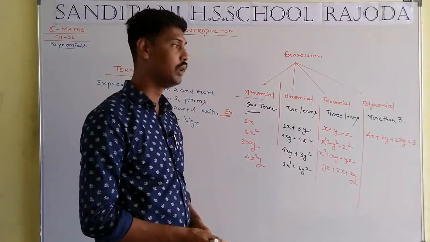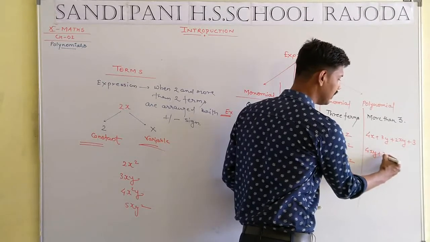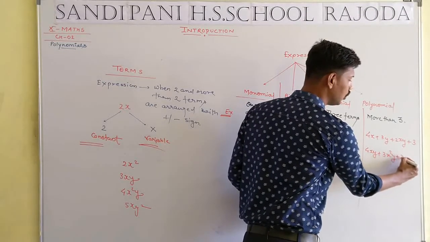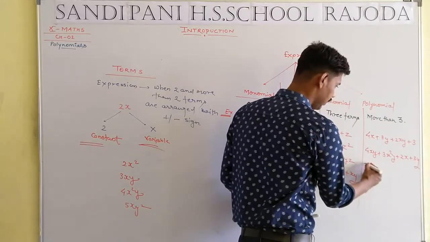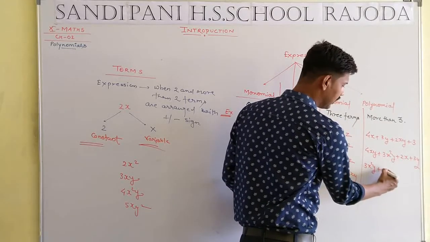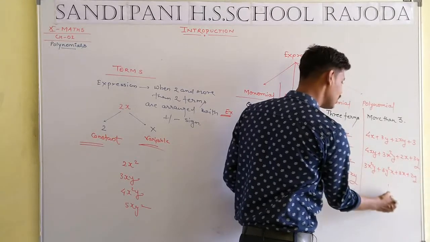Another example: 4xy plus 3x square y plus 2x plus 3y. Another example: 3x square y plus 3y square x plus 3x plus 2y, and so on.